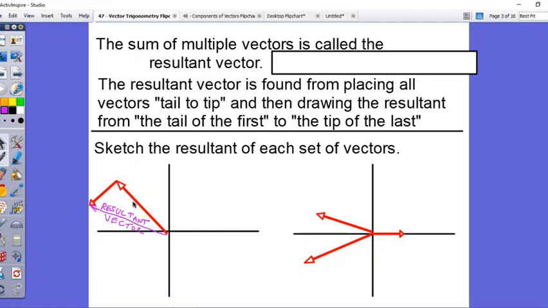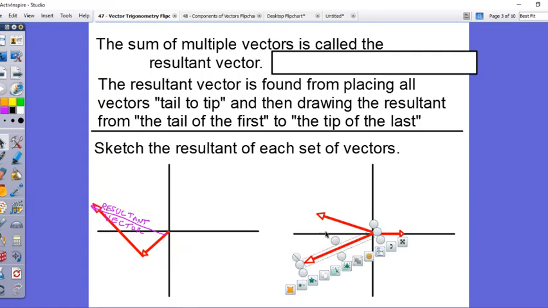All right, with this resultant vector, I want you to note that the order that you're adding up these vectors doesn't matter. Instead of starting with this vector and ending with this vector, I could start with this vector and end with this vector, and if you notice, the resultant vector is coming from the same place. So let's use this example. You can still do it with 3.